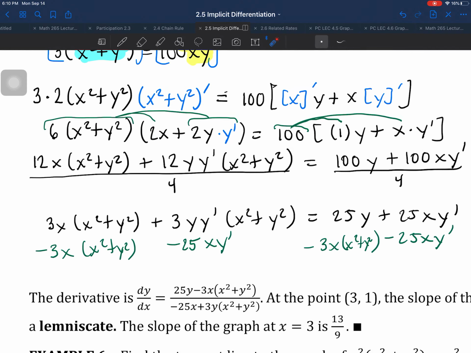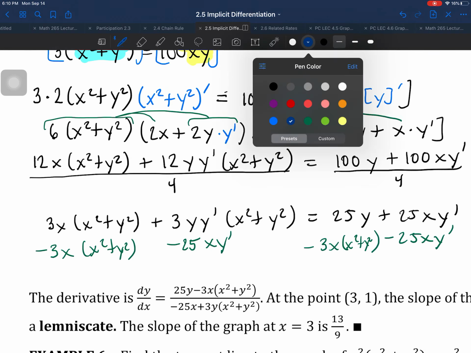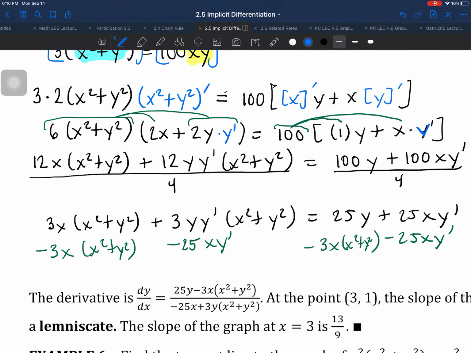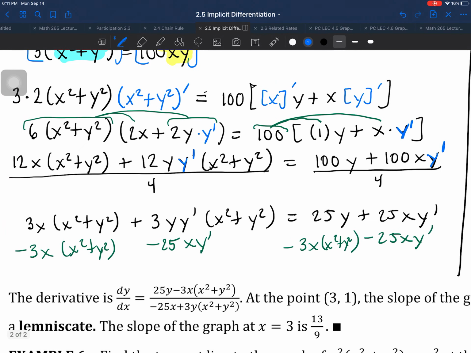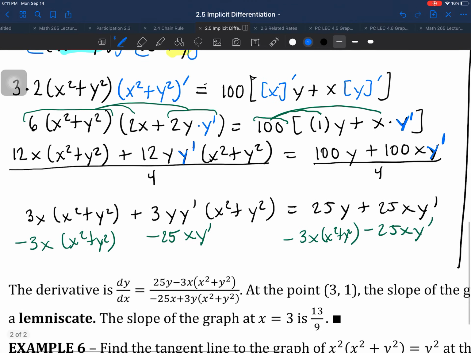Why? Because at this point, let me put this in blue, we are trying to solve for y prime. So I need to have all the y primes on one side. Maybe I'll keep the y primes in a different color so it calls your attention. Alright, so here we go.